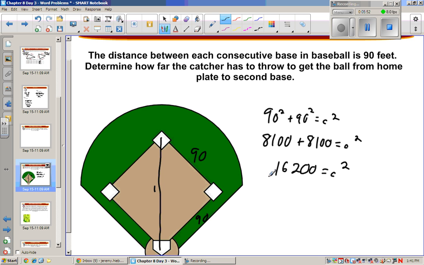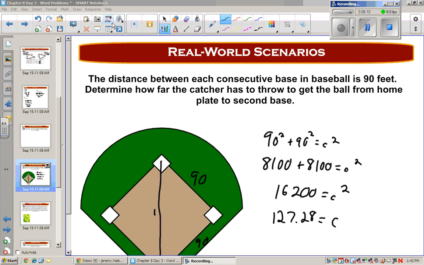In our previous chapters, we were simplifying the square root, but when we're doing real world problems, typically we don't simplify square roots. We actually find the decimal. So c is equal to 127.27 or 28.